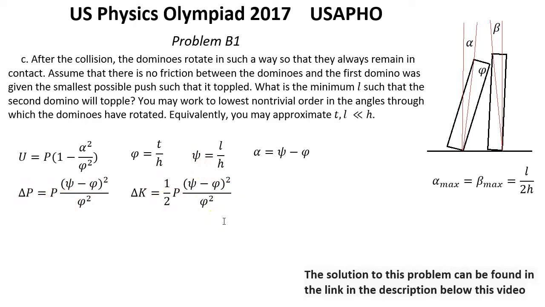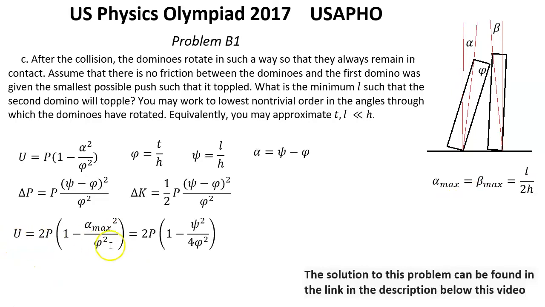And now we can write a relation for energies. The final potential energy when alpha maximum equals beta maximum will be this expression. Here we use alpha maximum equals beta maximum, and because L over H equals psi, we can rewrite this formula.